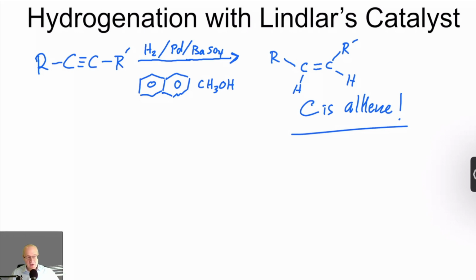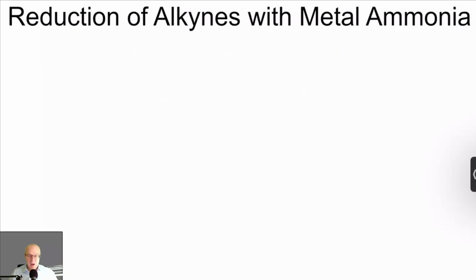So now we can go from the alkyne to the alkane. We can go from the alkyne to the alkene, but only cis. Now we can go to trans using this method, reduction of alkynes with liquid metal ammonia. So let's just see the general reaction.